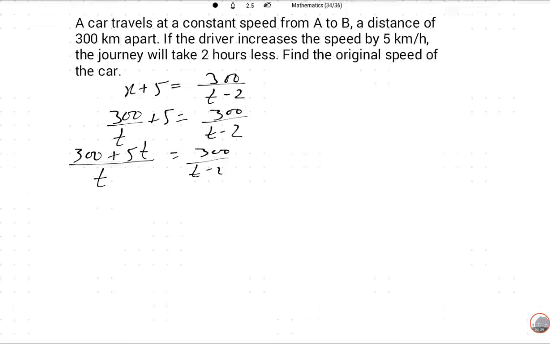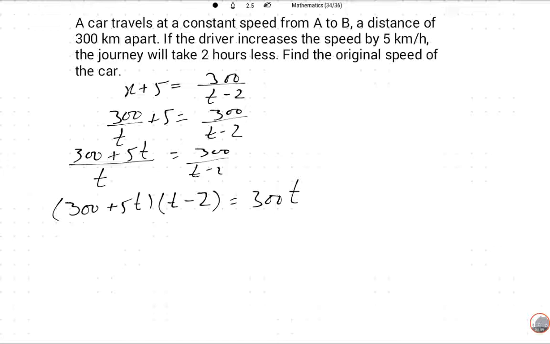So now take cross multiplication. 300 plus 5t into t minus 2 is equal to 300t.